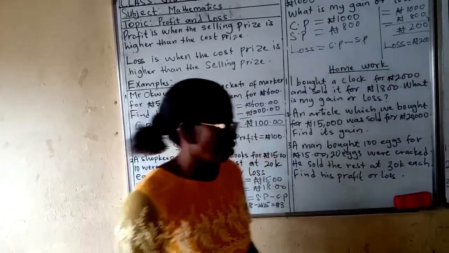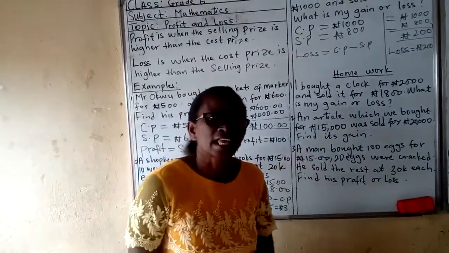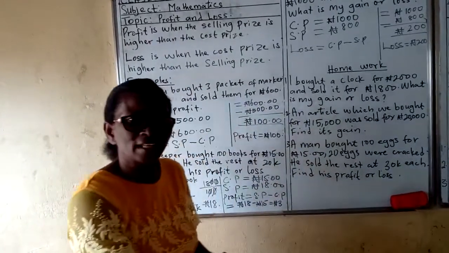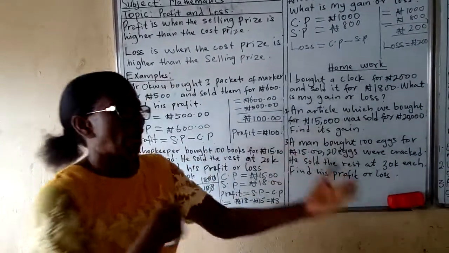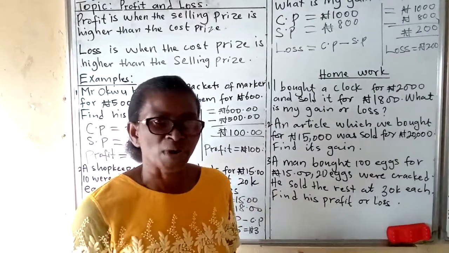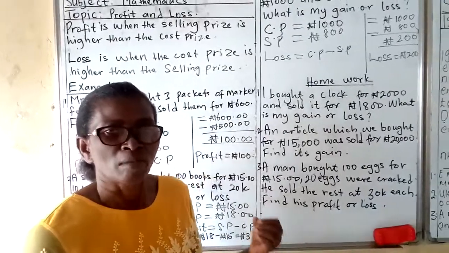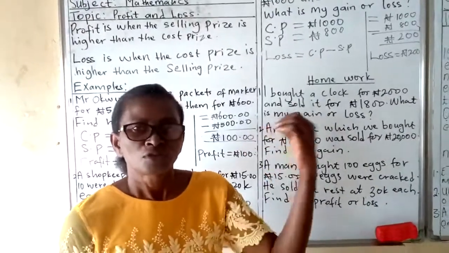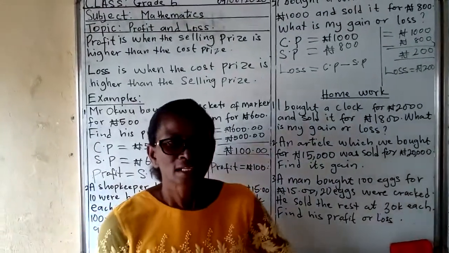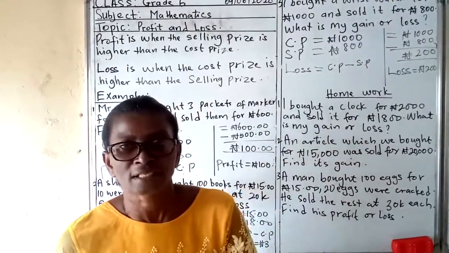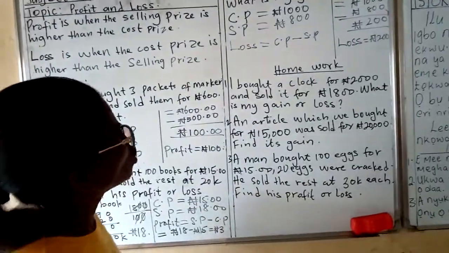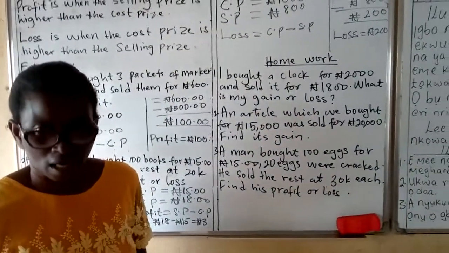Good. That's wonderful. Yes. Selling price is when you are selling something, and cost price is when you are buying. Children, we said that selling price is the amount you sold some products, while cost price is the amount you purchase some items.